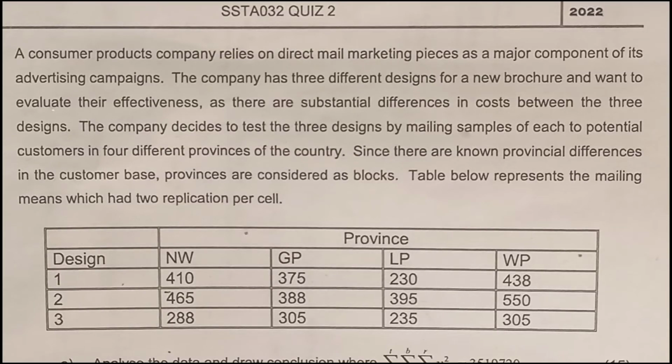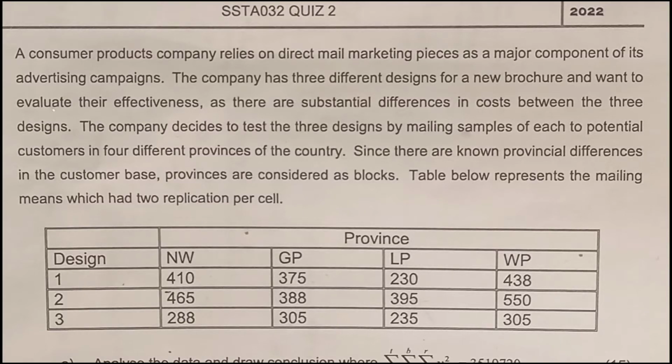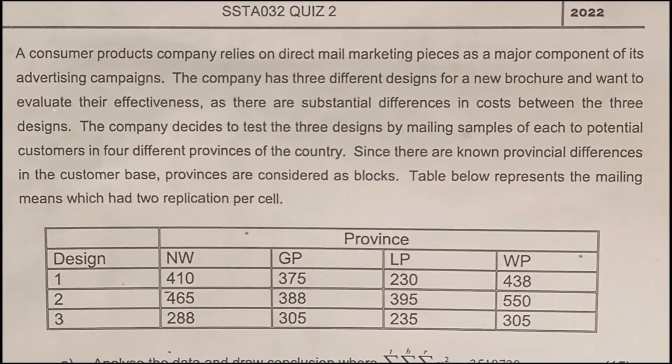As there are substantial differences in the cost between the 3 designs in 4 different provinces of the country, and since there are known provincial differences in the customer base, provinces are considered as blocks. The table below represents the mailing means, which had 2 replications per cell.